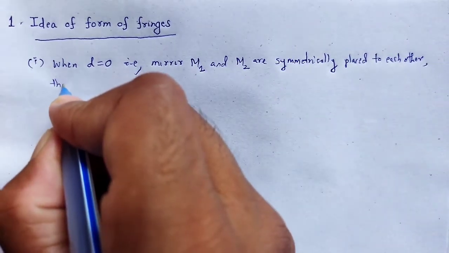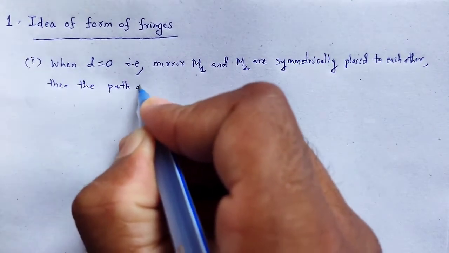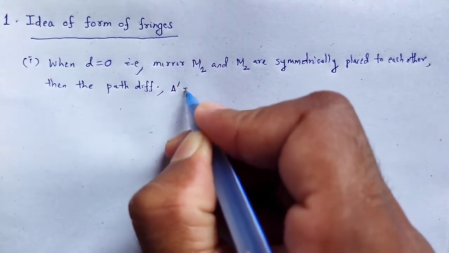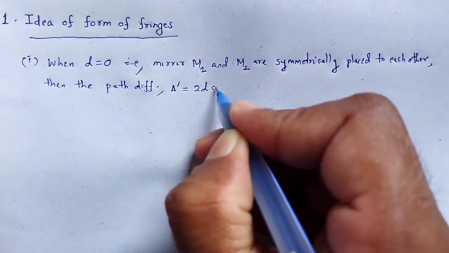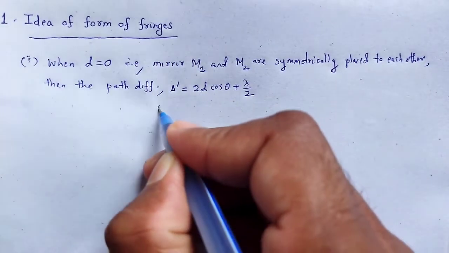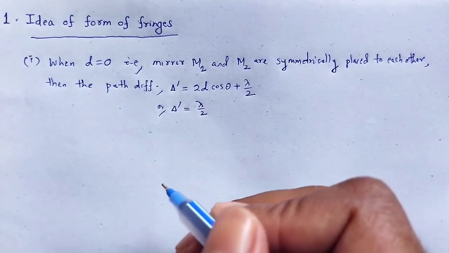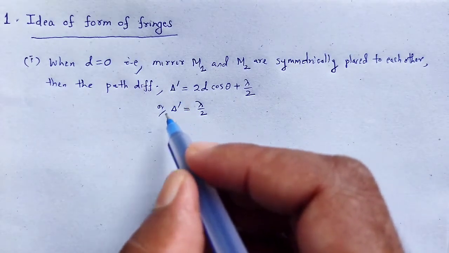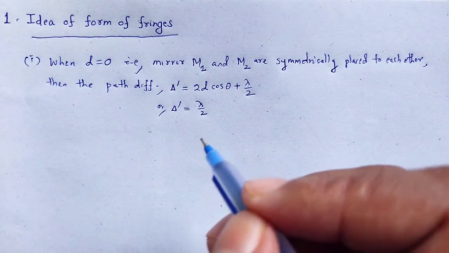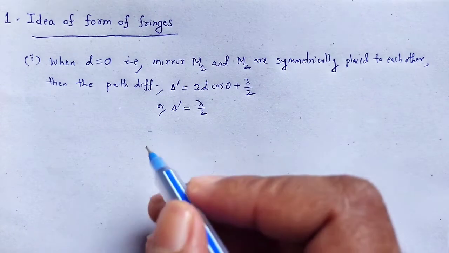Then the path difference delta dash is equal to 2d cos theta plus lambda by 2. Here d is equal to 0, therefore delta dash is equal to lambda by 2. Hence, the path difference is an odd multiple of lambda by 2, and we obtain that the central fringe will be dark.